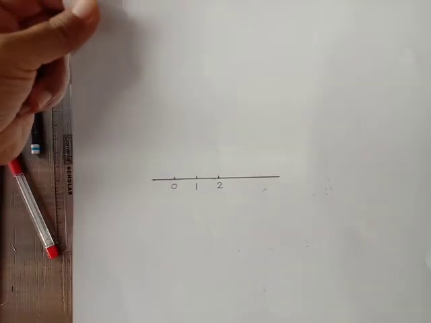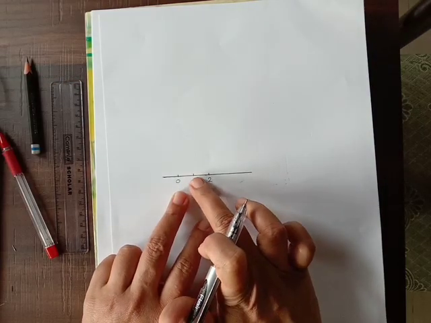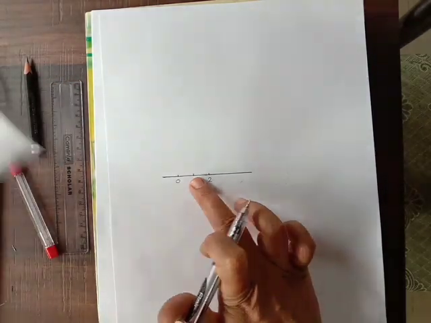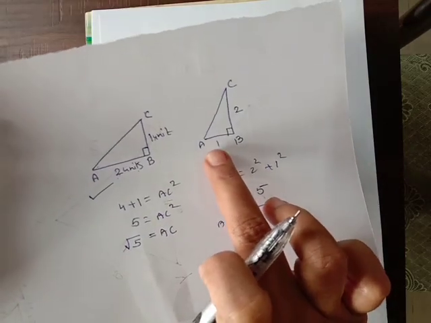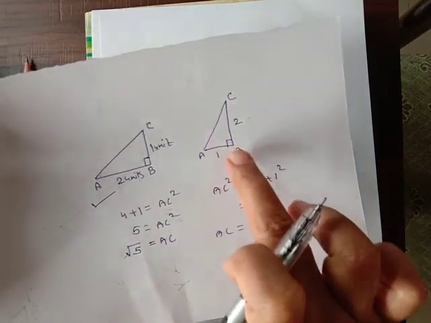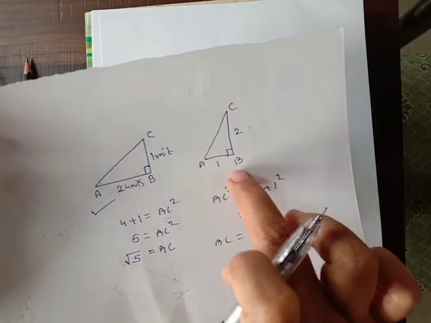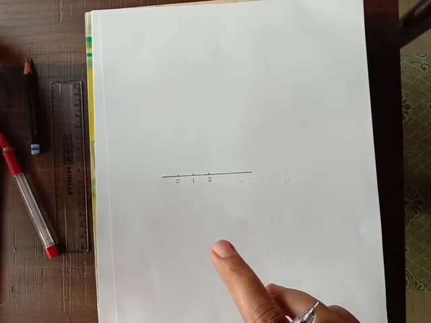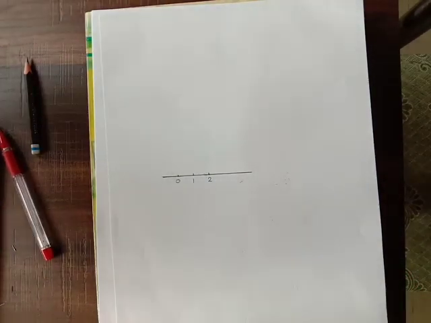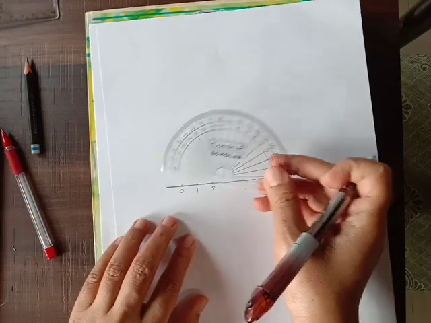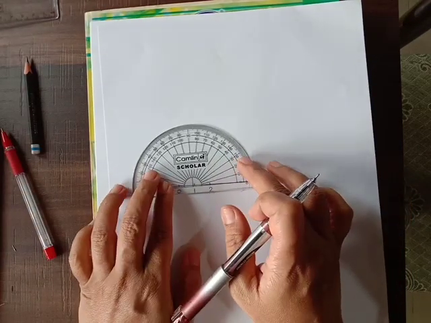Okay, now see what I am going to do, students. From 1, we are going to keep 1 unit horizontal, and 2 units we are going to take vertically, and this should be perpendicular. So first thing is draw a perpendicular from 1. So I am drawing a perpendicular from 1.